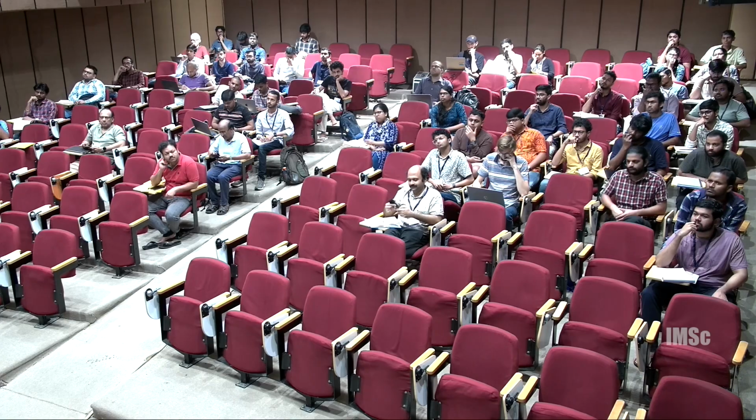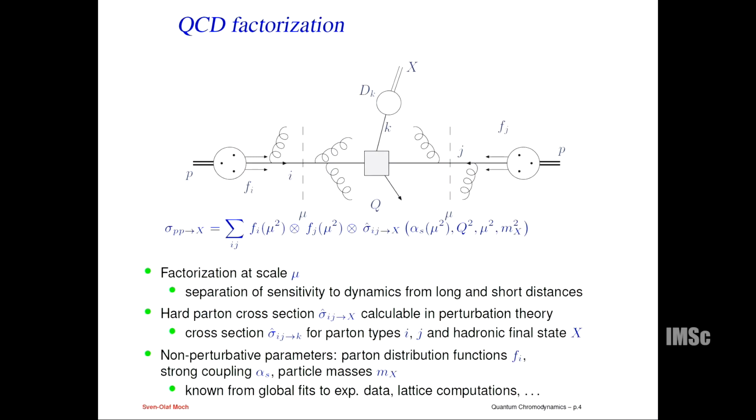Right. So basically this factorization picture here that we are drawing is based on the idea that we can pull one parton out of the proton at a given time, and that we disregard any further interactions of the partons inside the proton.